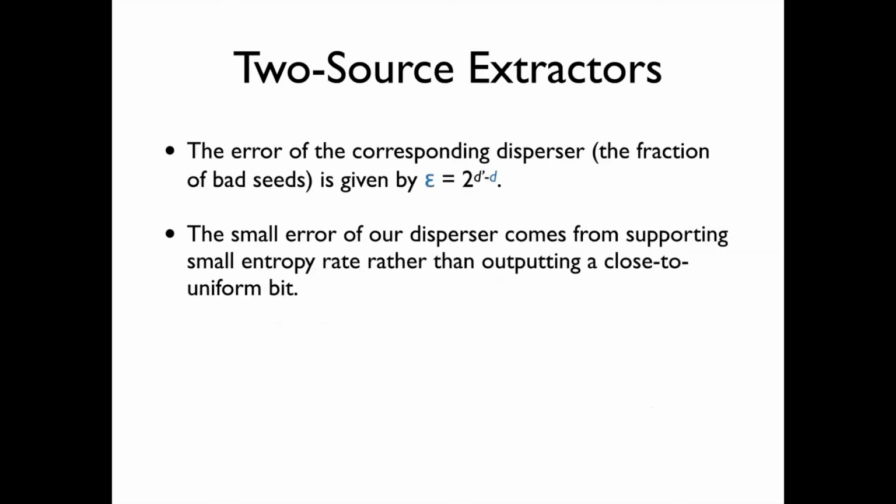So in terms of parameters, the error of the corresponding disperser, the fraction of bad seeds, is given by 2 to the d' minus d, meaning the density of the sets on the right-hand side that we can handle. So the small error of our dispersers comes from supporting small entropy rate rather than from outputting close to a uniform bit.